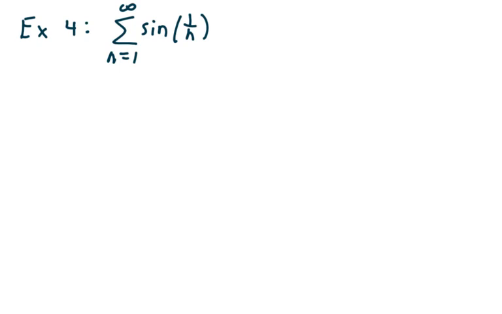This is a classic limit comparison test. It looks exactly like 1 over n. So an is sine of 1 over n. bn is 1 over n.